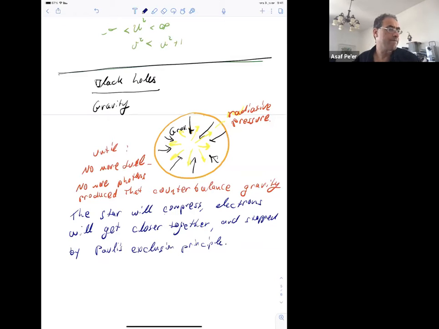Because electrons are fermions and fermions obey Pauli, they cannot be in the same state. You know that. How do we call such a star?